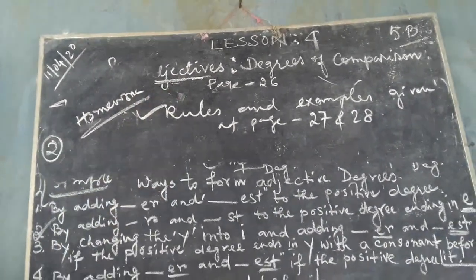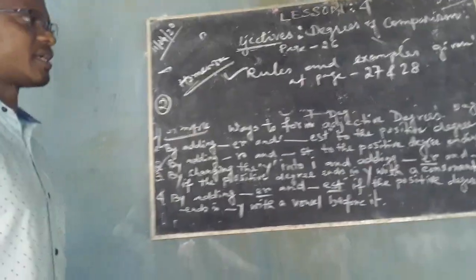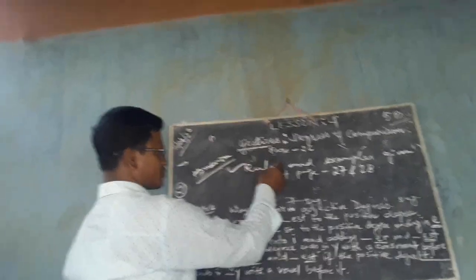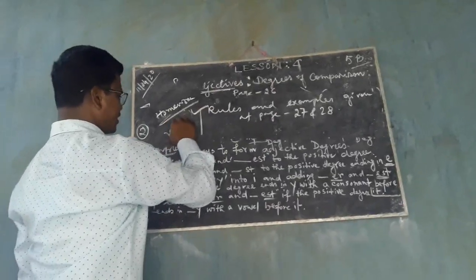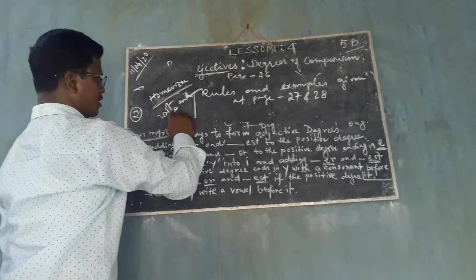You have to write the rules and examples given on pages 27 and 28. So write and learn all this.